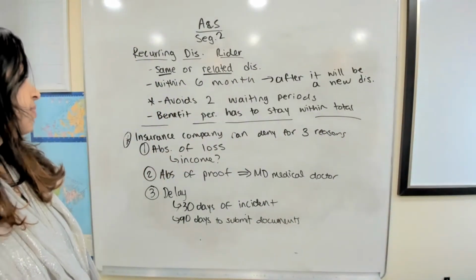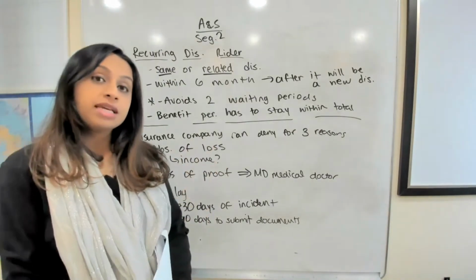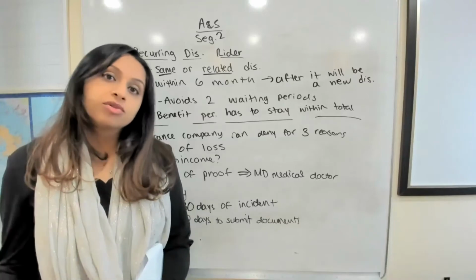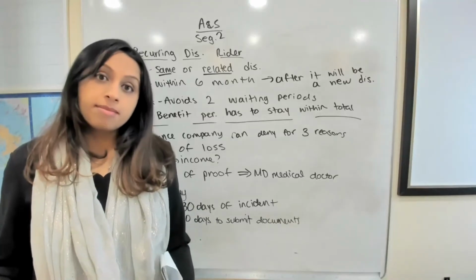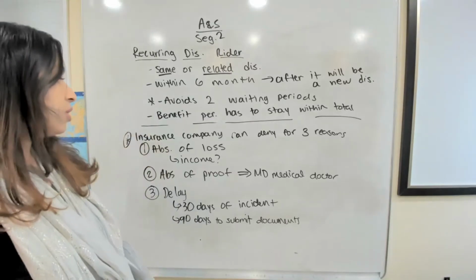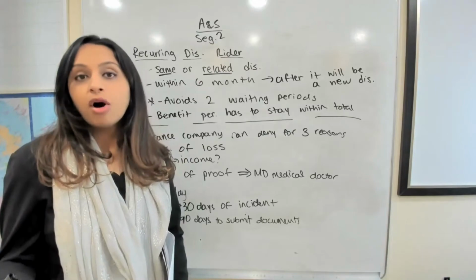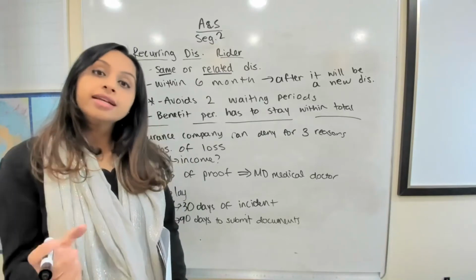The first one is absence of loss. And when we say loss, we don't mean whether a person is actually disabled or not. What are we talking about when we say loss? Remember, what are they insuring in this policy? They're insuring income.